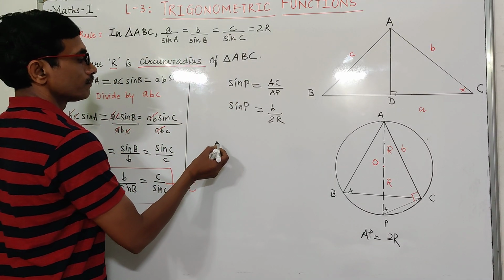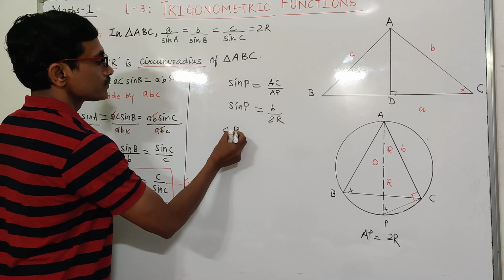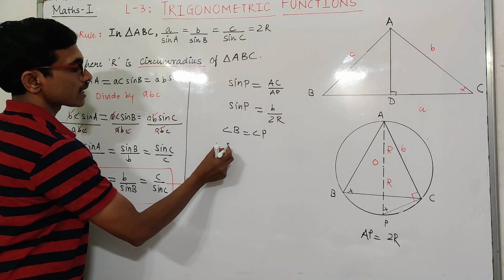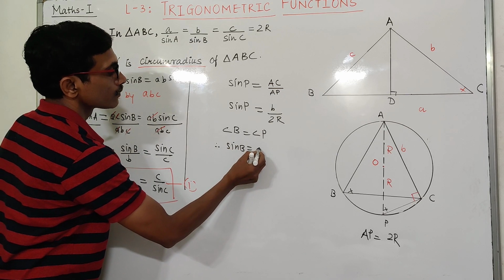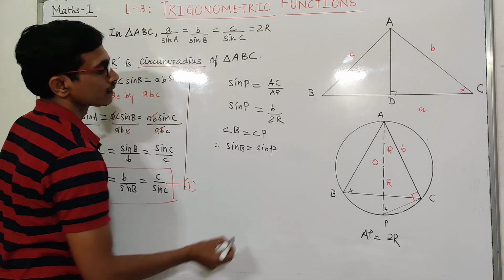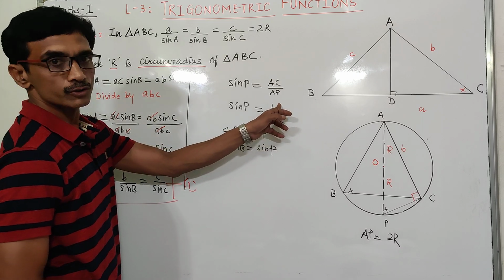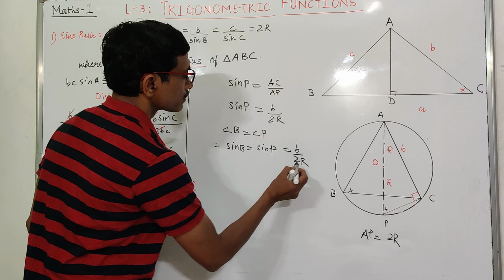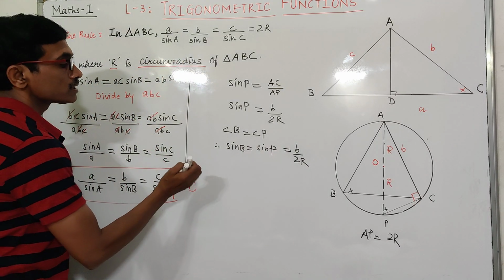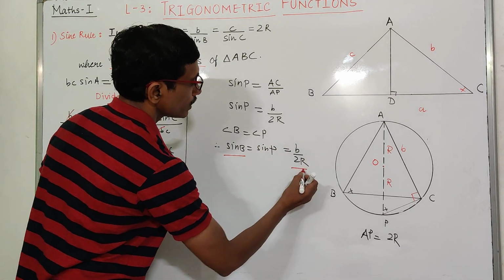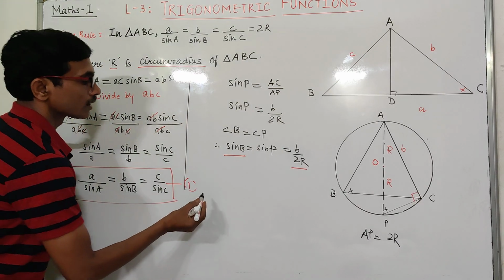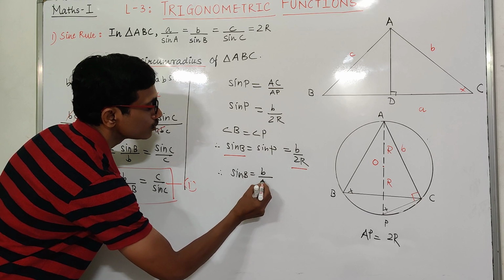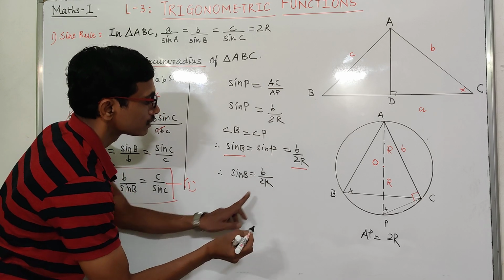So angle B must be equal to angle P. Therefore sine of B must be equal to sine of P. But sine P, as we showed earlier, is b upon 2R. So therefore sine B is equal to b upon 2R.